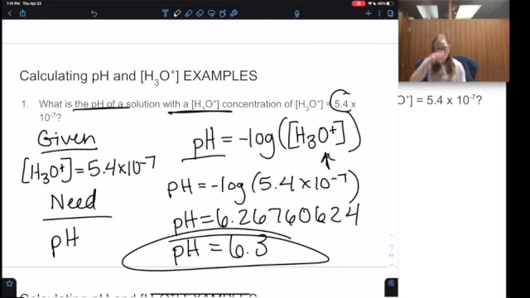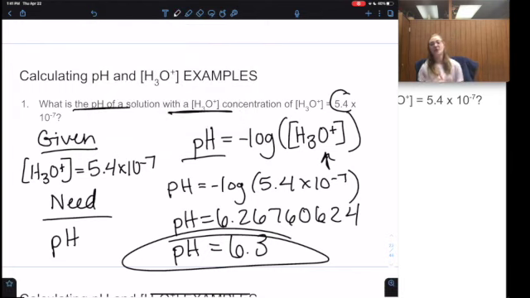One thing I want to say about this too is that it's very important that you keep your minus signs correct and in the correct place when you're doing this. If you get something that's not on that 1 to 14 scale of pH, you may have forgotten to put that negative sign up here in your 10 to the minus 7th when you're typing it in your calculator. Sometimes that can be an easy mistake to make, as well as forgetting the negative out front of the log.